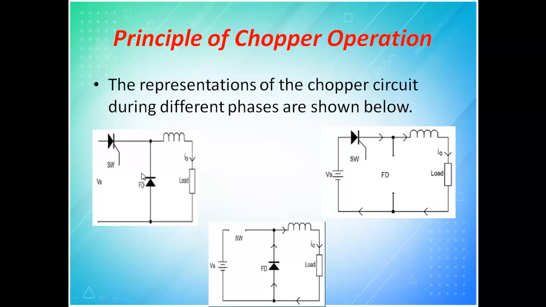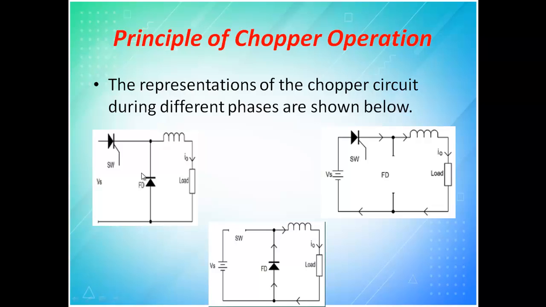So when switch is on, from switch to inductor to load, the voltage on my load will be Vs itself. When the switch is off, what is stored in inductor will discharge, so I try to maintain at least slightly less than the source. That is what you do.